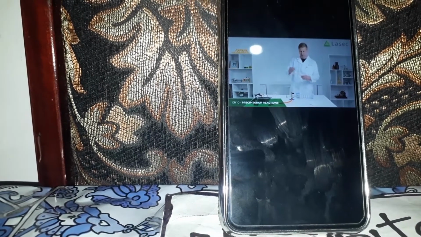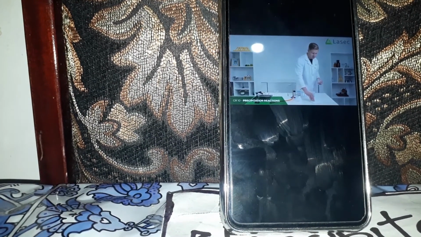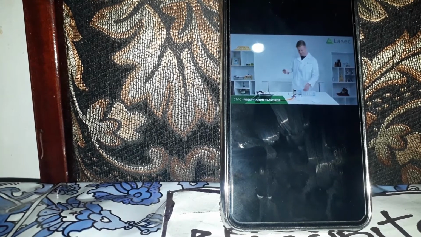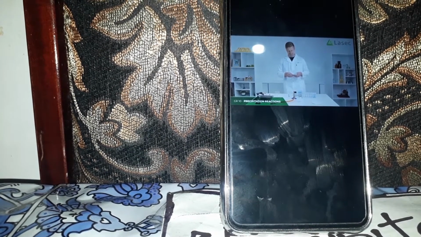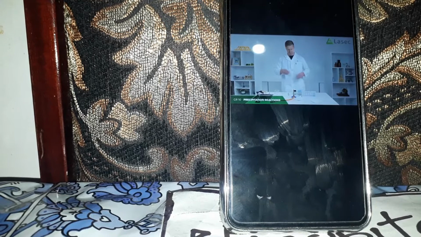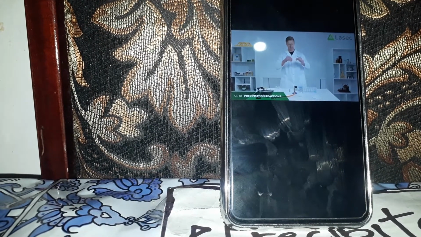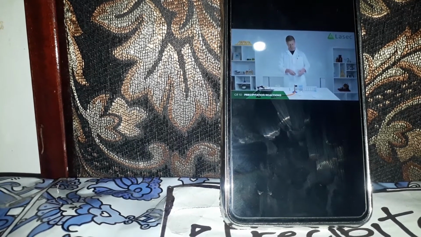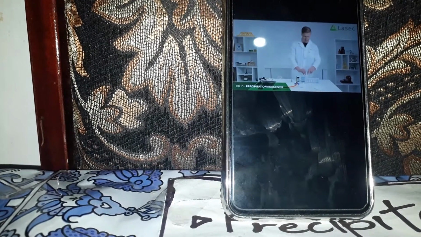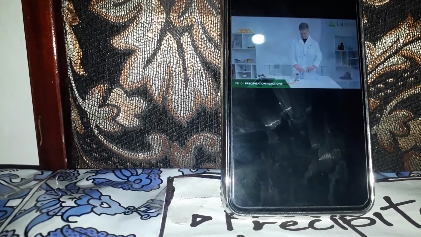Here's the filter funnel, and I'll show you how to fold one of these. You take a piece of filter paper like this, you fold it in half, you fold it again into a quarter, so now it's like that, and then you've got something like that. Put that into the filter funnel like this.